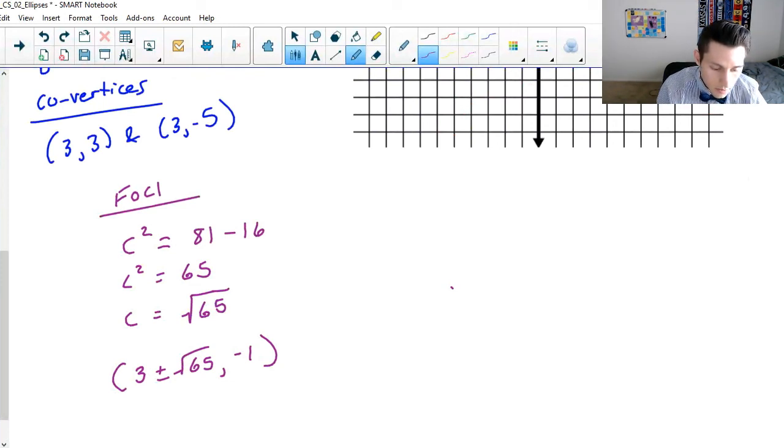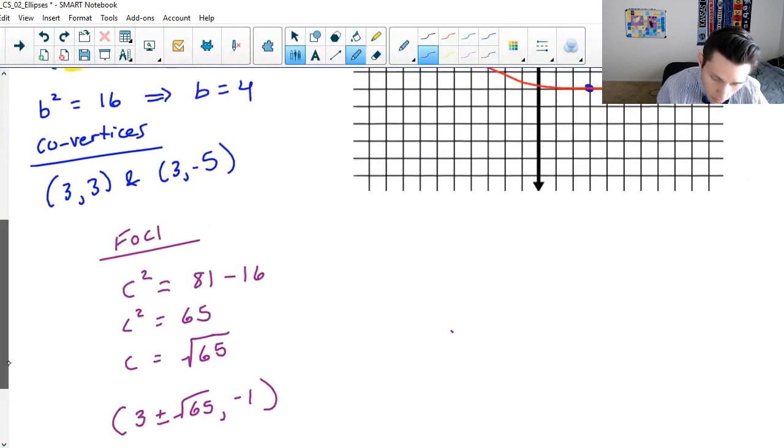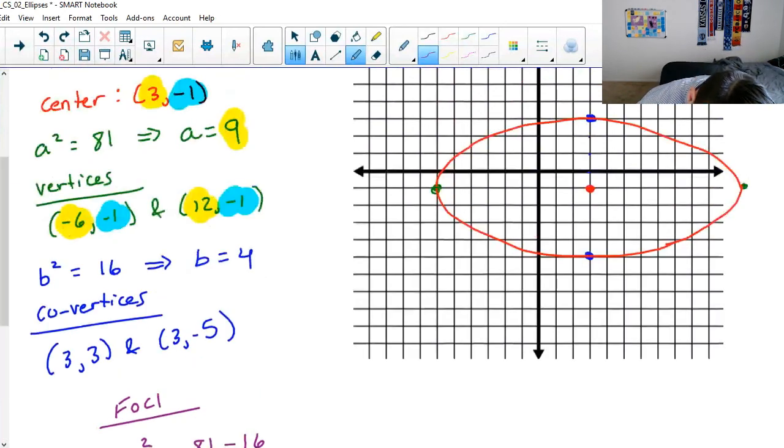So 3 plus square root 65. Again, we'll get the decimal just so we can graph it. So that would be about 11.062. So very, very close to the vertex. And then same thing, but the other direction. 3 minus square root 65 would be about negative 5.02.